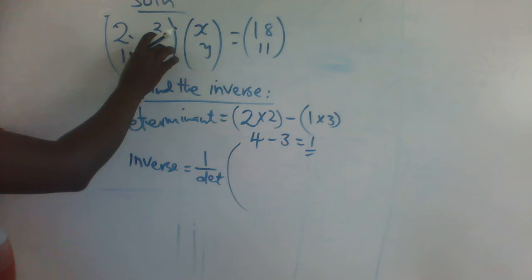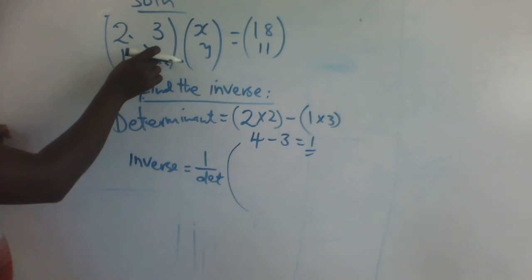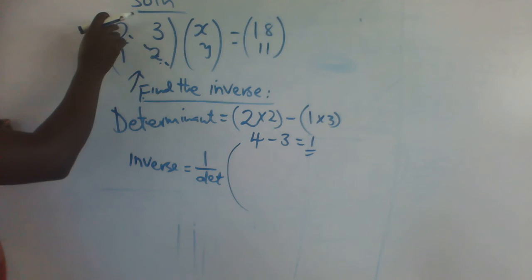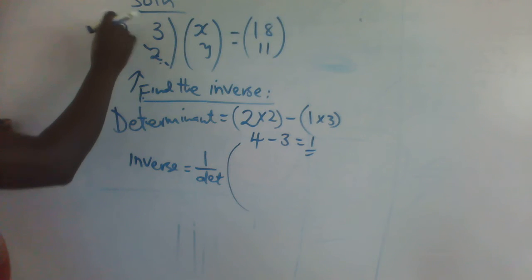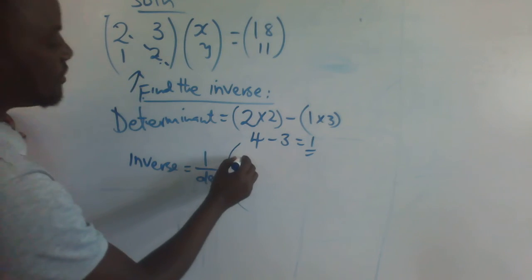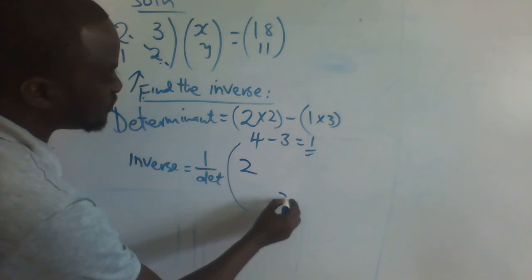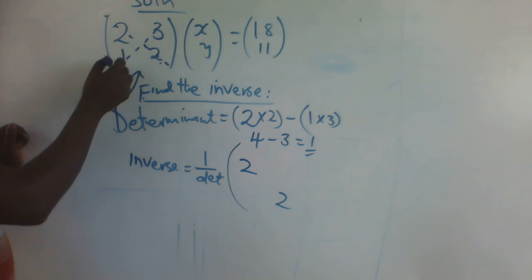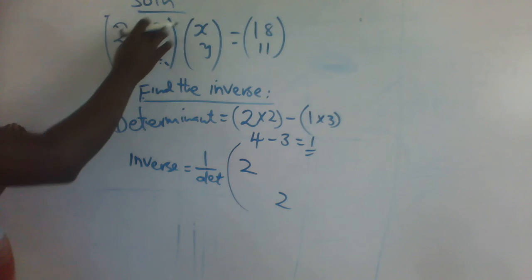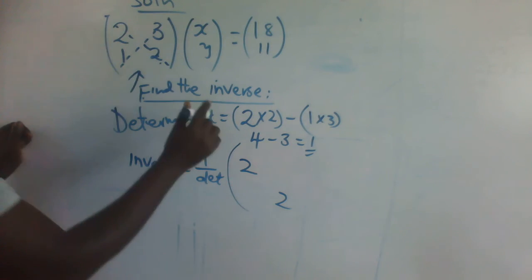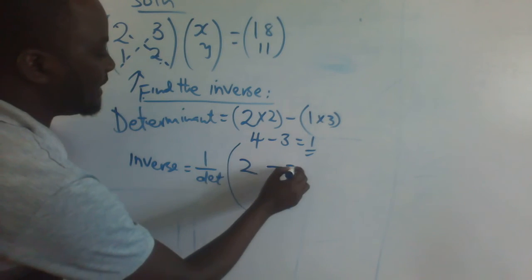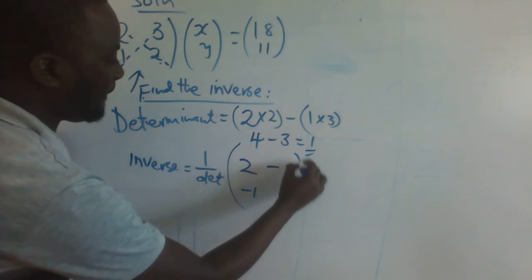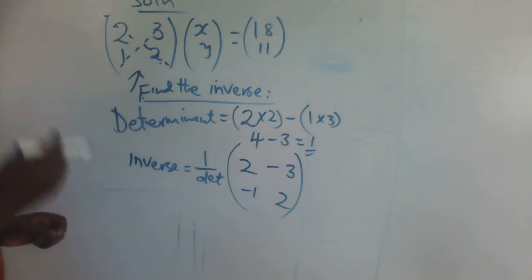You are supposed to shift the position of this one to here, then this element here, and this one will have 2. Then for the other diagonal, you reverse their signs, and this one will have minus 3, minus 1.